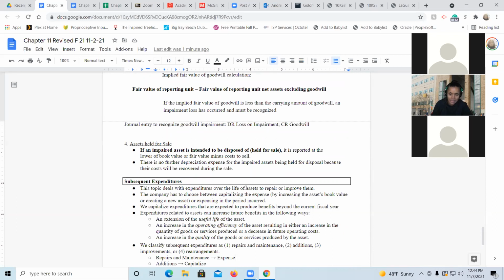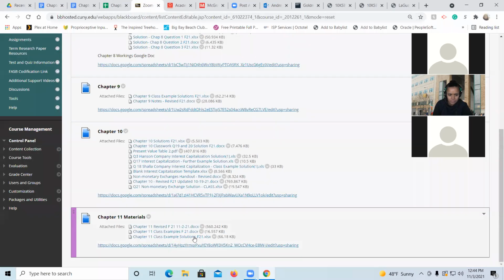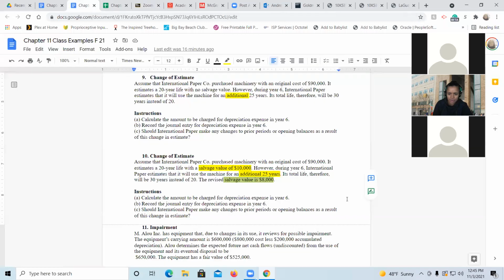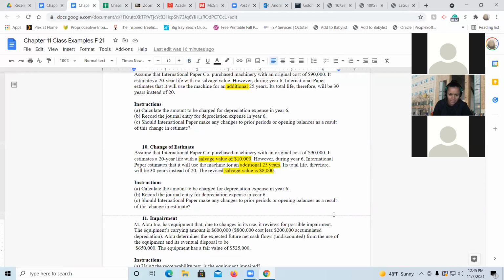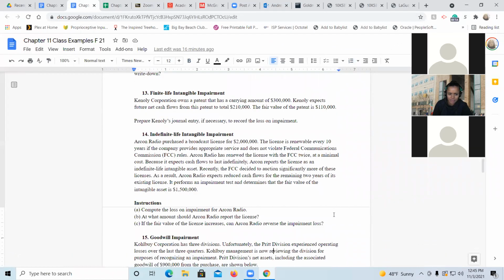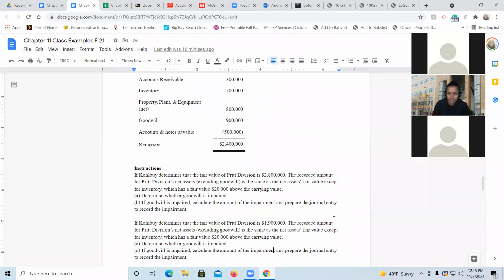So if you are concerned that you want to finish the homework over the weekend, please note that I've given you all the solutions to the class examples already. I think the examples go up to like 19 or 20, but 3 of them are just goodwill impairment examples.